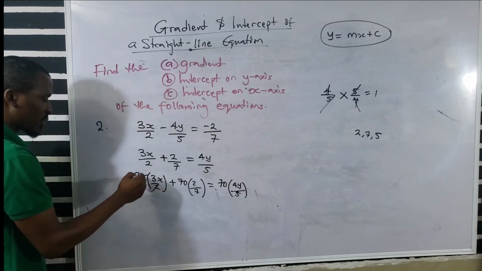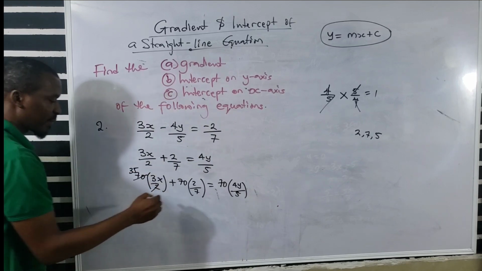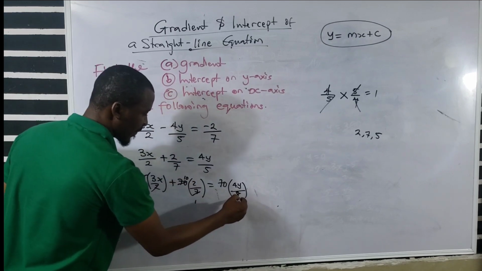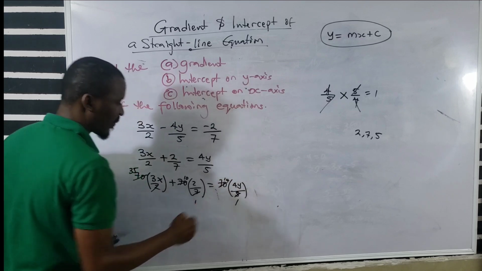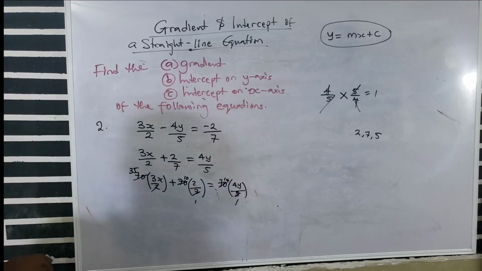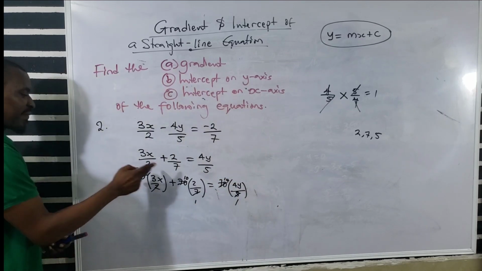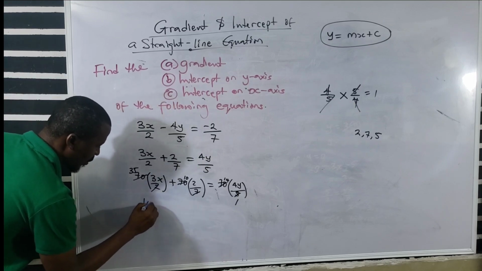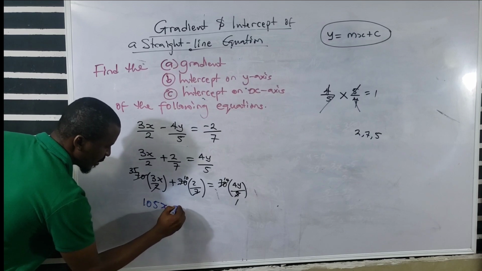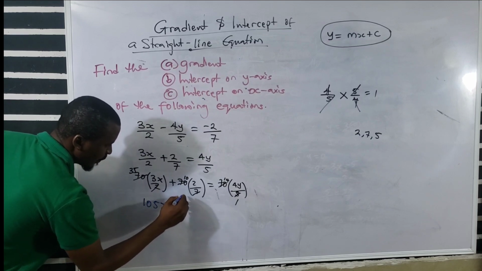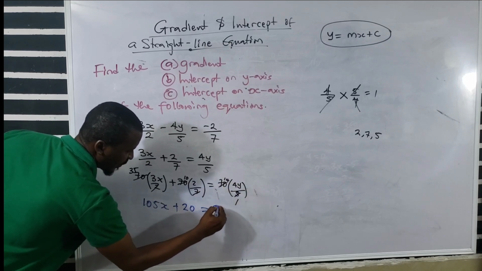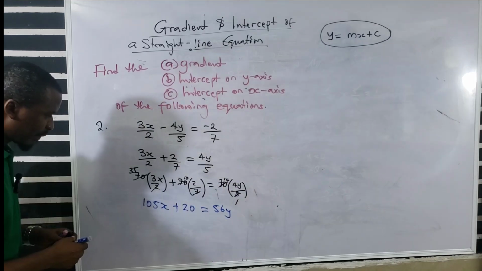So 2 here will give me 35, 7 here will give me 10, and 5 here will give me 14. When you multiply 35 times 3x, that will give me 105x plus 20, equal to this, which gives me 56y.